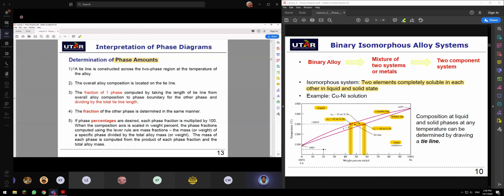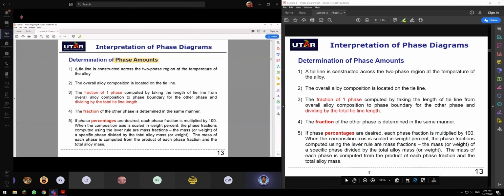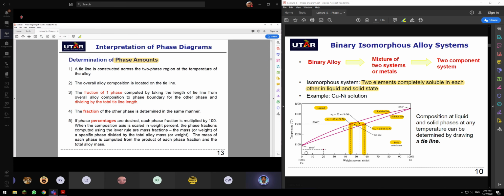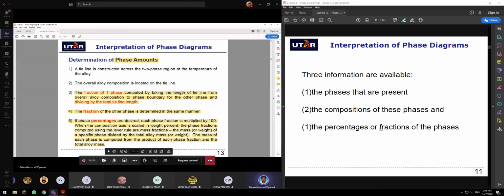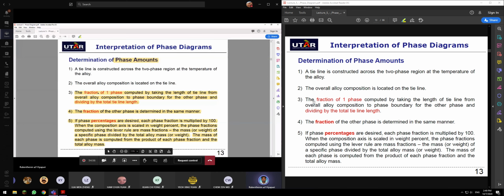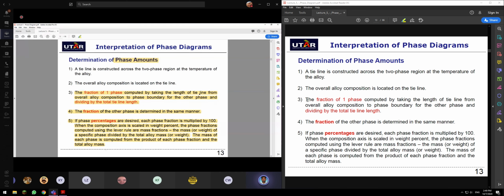And also for the phase amount, let's see. A tie line is constructed across the two-phase region. The overall alloy composition is located on the tie line. This is important. The fraction of phase 1 is computed by taking the length of the tie line from the overall alloy composition to the phase boundary for the other phase and dividing by the total tie line length.